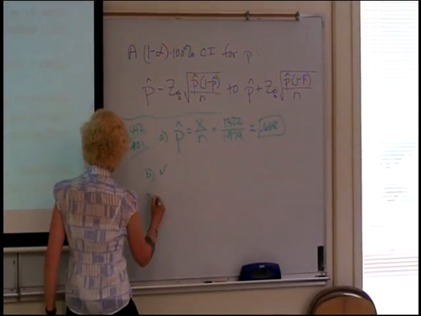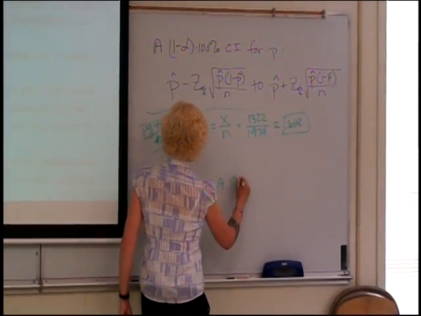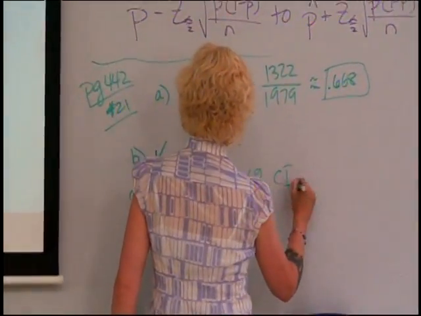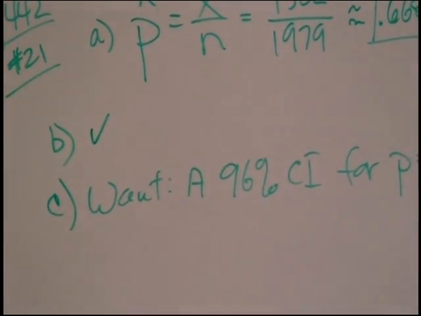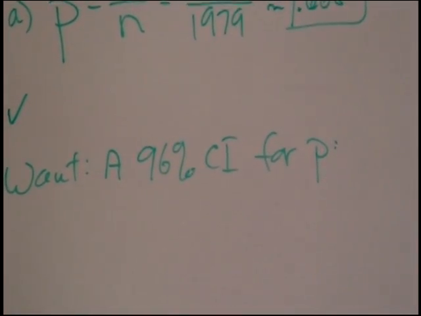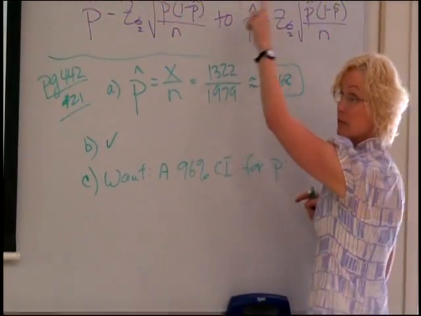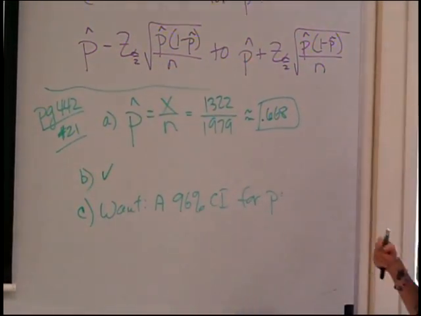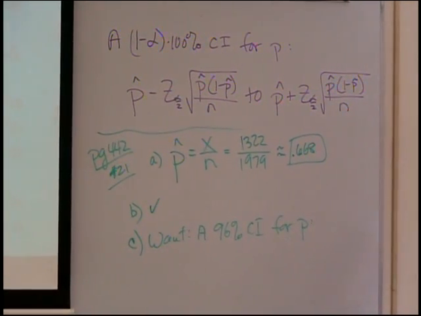B, I'm going to put check. So, a 96% confidence interval for the proportion. You with me?